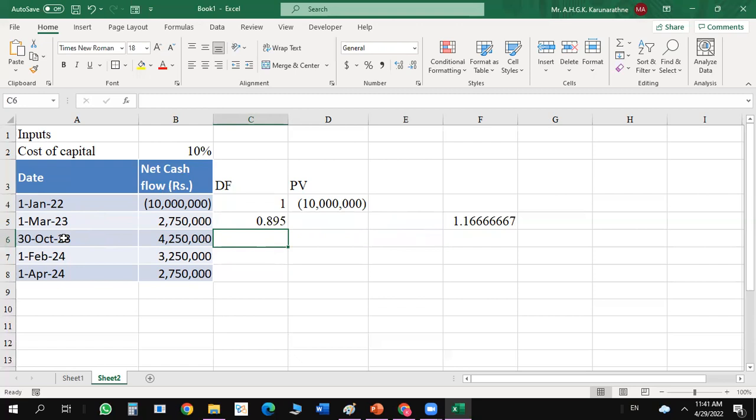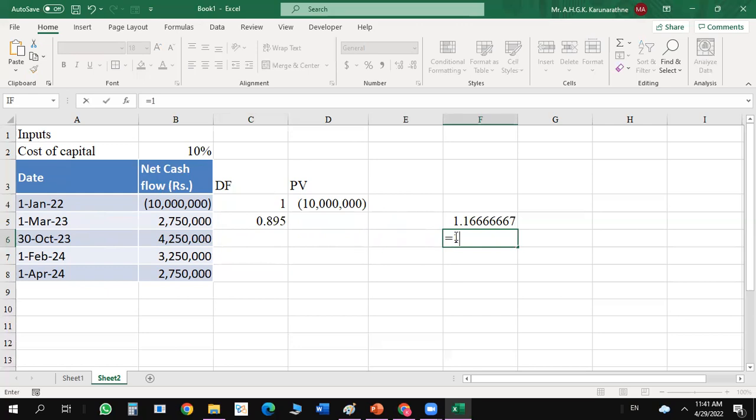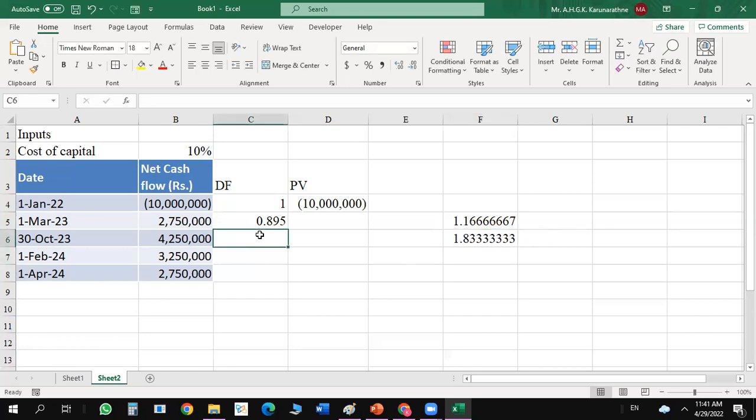So accordingly 1 year and 10 months, equal to 1 year plus 10 months divided by 12. So this much of years are there. So accordingly how do you compute the discount factor?